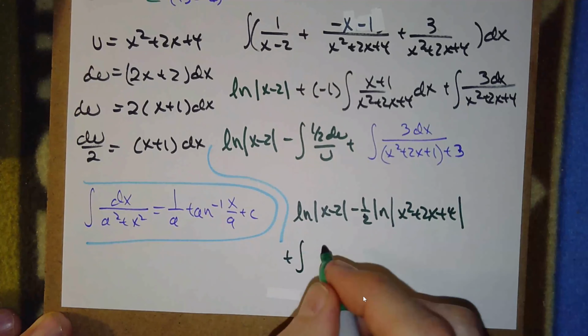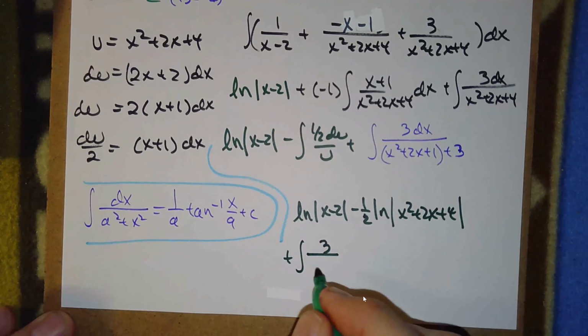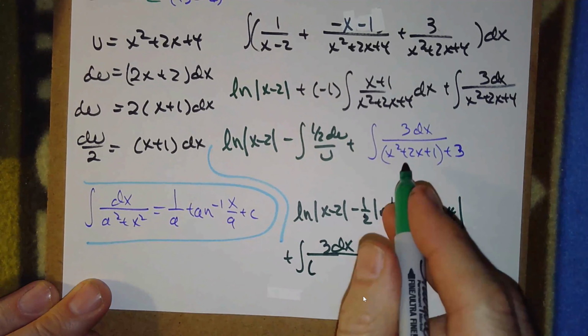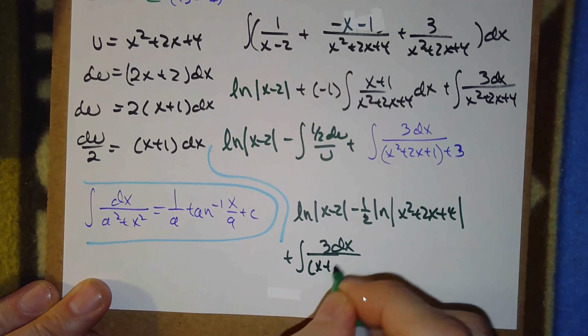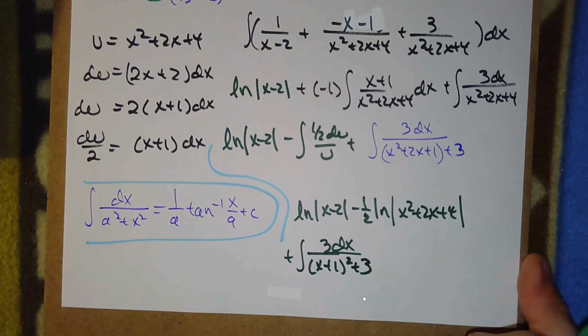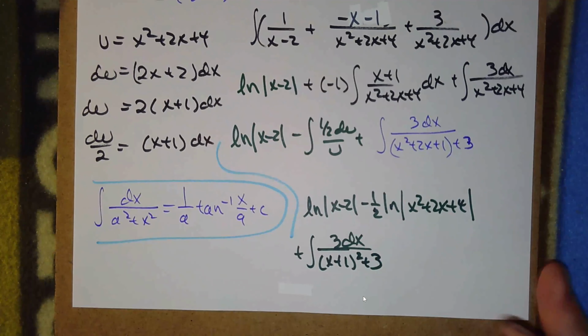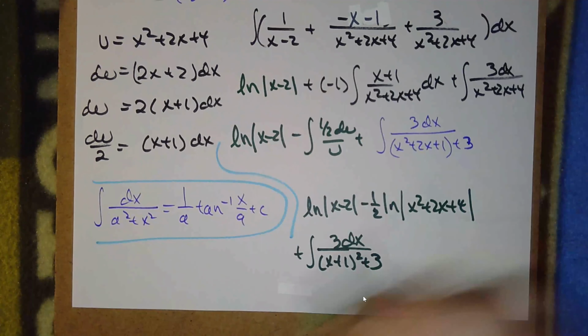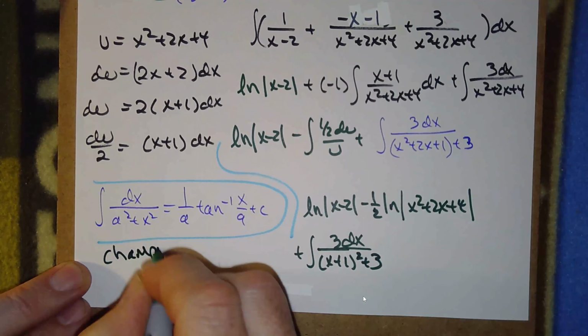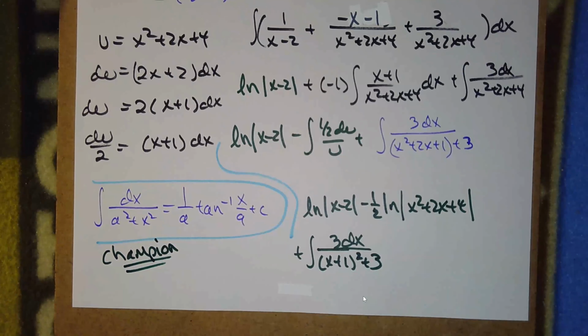Integral of 3 dx over x plus 1 squared plus 3. Now, if you're still with me, you're a champion. I want to see that written in your notes because this is a tough problem. But don't worry, the next one will make this one look easy. All right, I'm kidding.